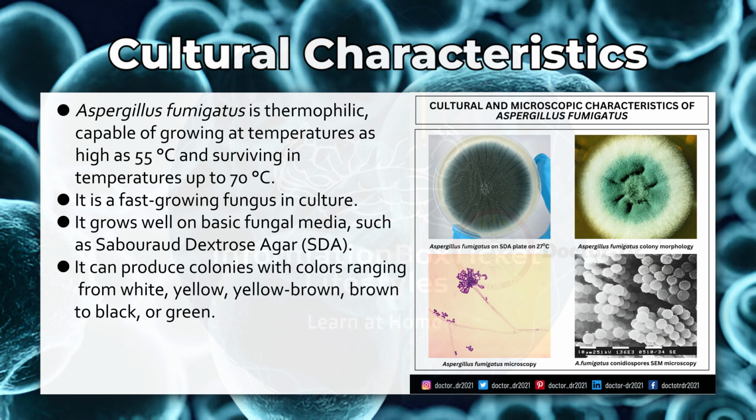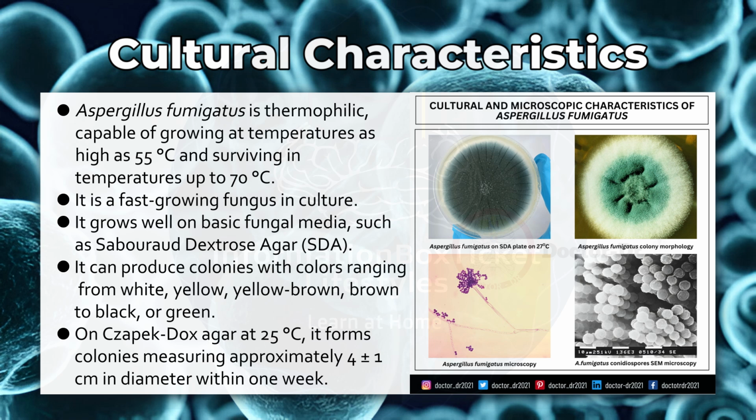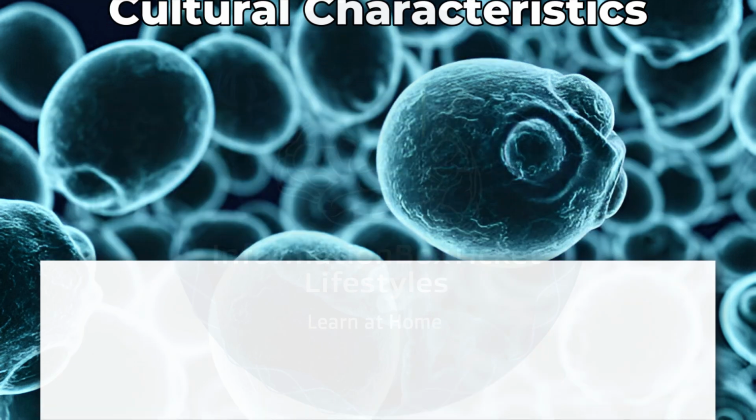It can produce colonies with colors ranging from white, yellow, yellow-brown, brown, to black, or green. On Czapek-Dox agar at 25 degrees Celsius, it forms colonies measuring approximately 4 plus or minus 1 centimeter in diameter within 1 week.